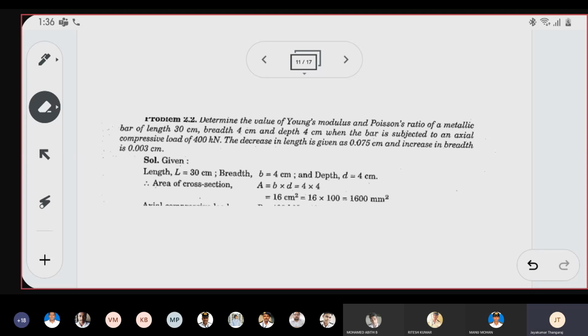The bar is subject to an axial compressive load of 400 kilonewton. The decrease in length is given as 0.075 centimeter and the increase in depth is 0.003 centimeter.